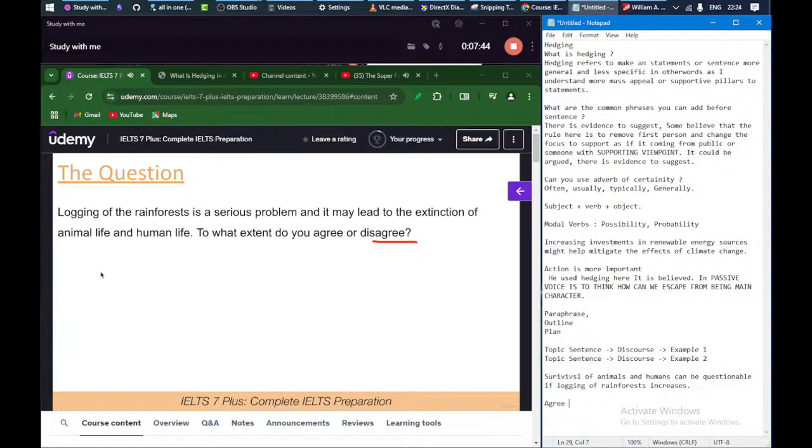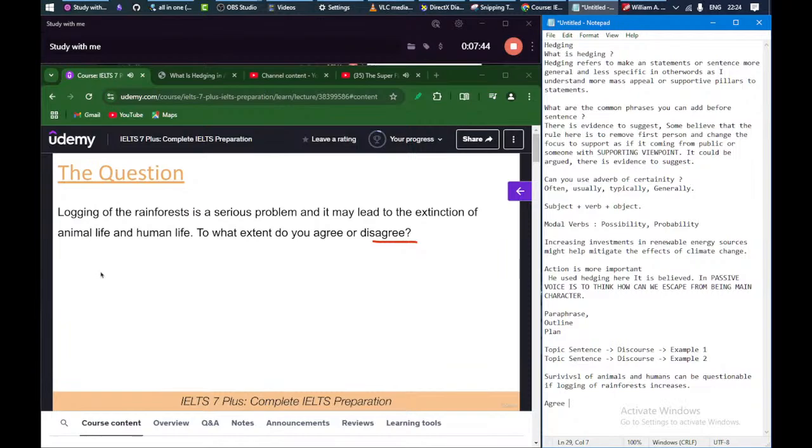So of course less trees means the CO2 is increasing, and we know that CO2 contributes to global warming, which will eventually lead to loss of life down the line.